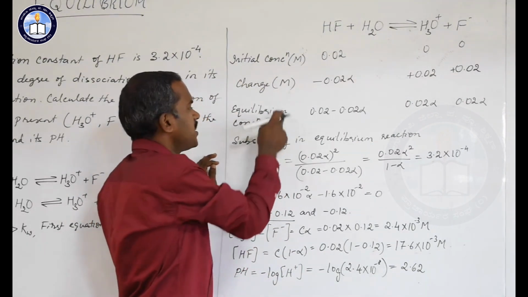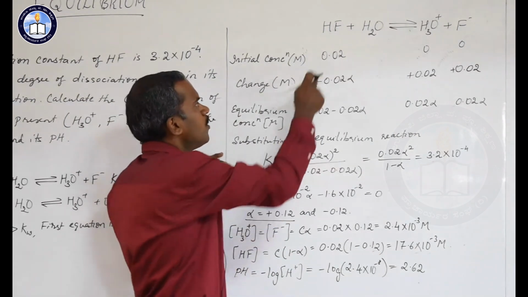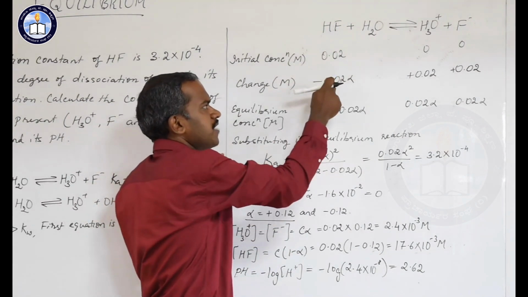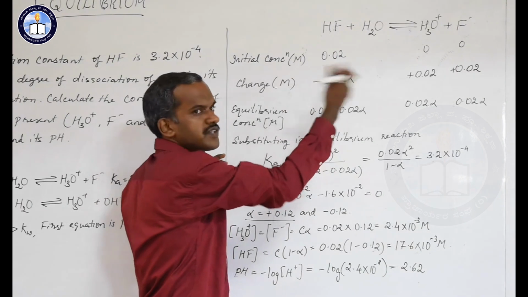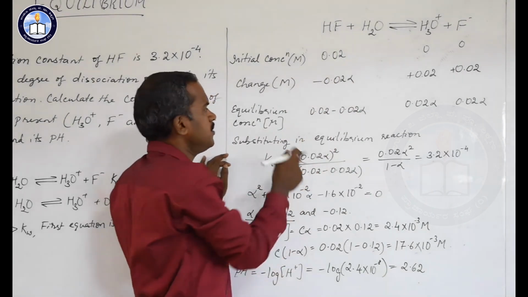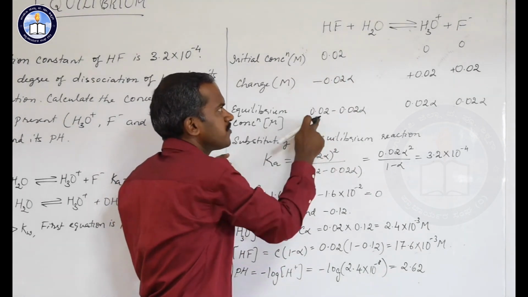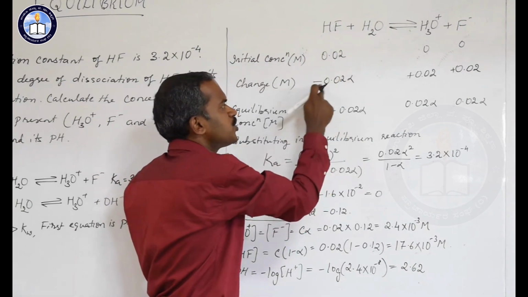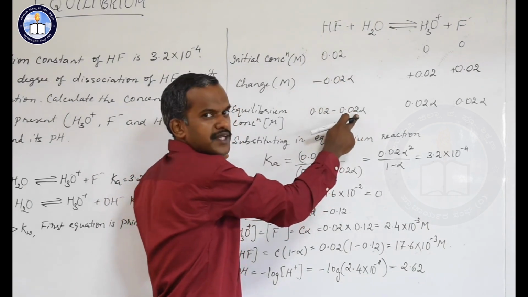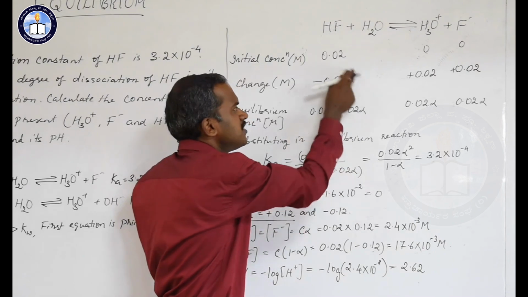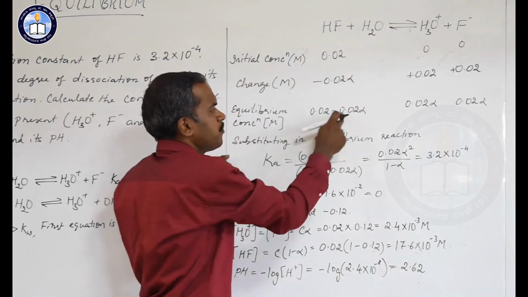Now finally comes the equilibrium concentration. That is the initial concentration minus the concentration of the substance which is involved in the reaction. So 0.02, this first value, minus 0.02 alpha. Understood? 0.02 minus the changed concentration, 0.02 alpha.